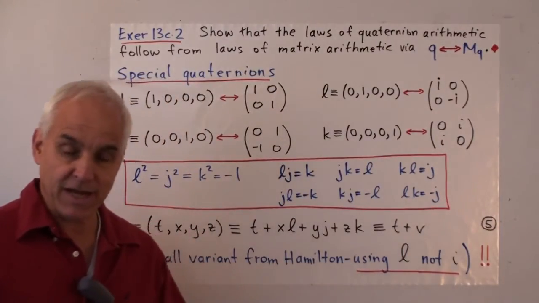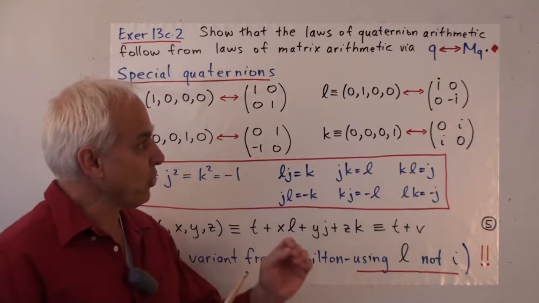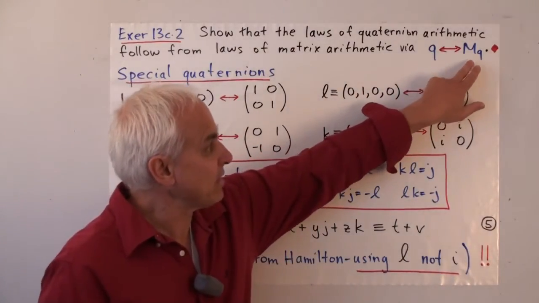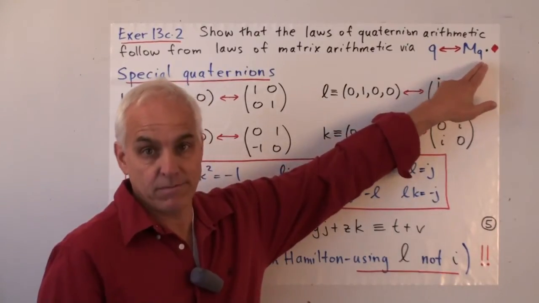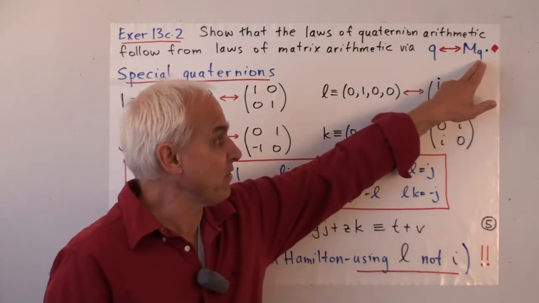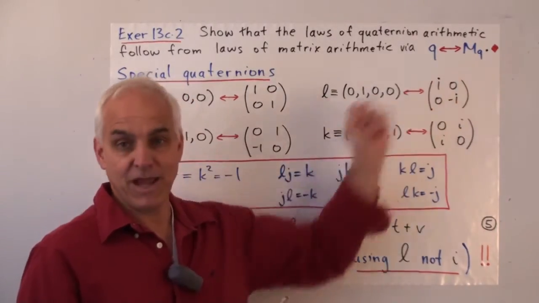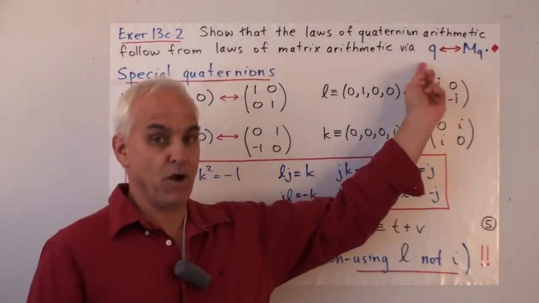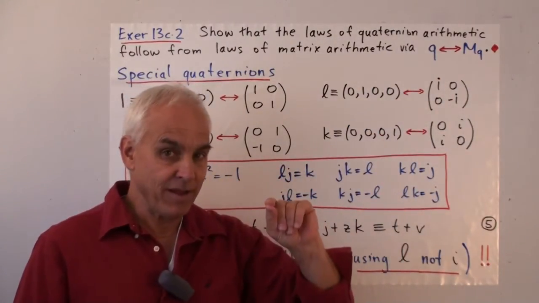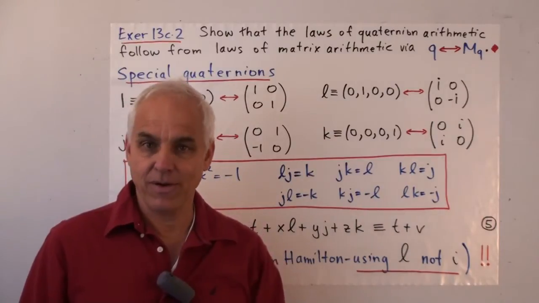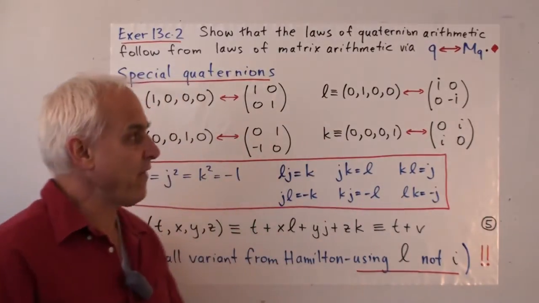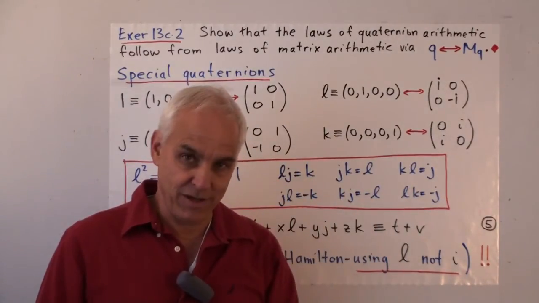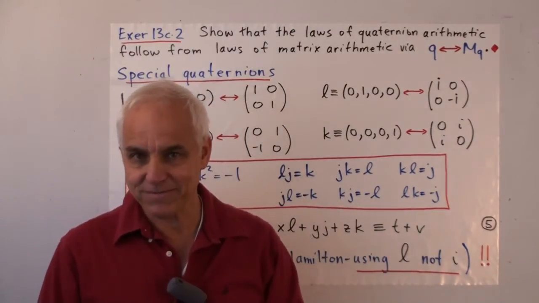I'll leave that to you as an exercise, to make sure you understand why this correspondence allows you to transfer properties of addition and multiplication from matrices to quaternions. In particular, the associativity of quaternionic multiplication does not have to be checked directly. We can verify it indirectly because it's a consequence of the associativity of matrix multiplication that we know from linear algebra.